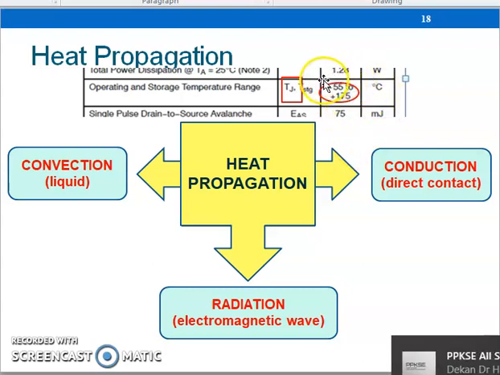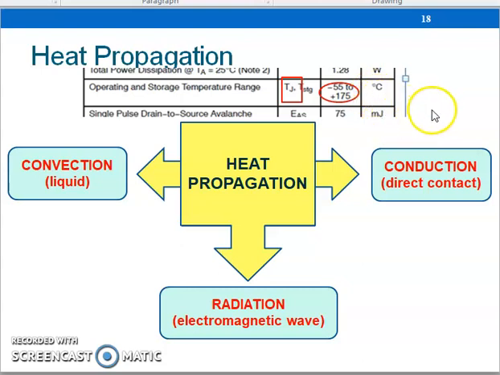The energy here is converted into heat, so we can measure the heat throughout the external mechanism or external structure of the device, especially on the metal tab and on the heatsink itself.